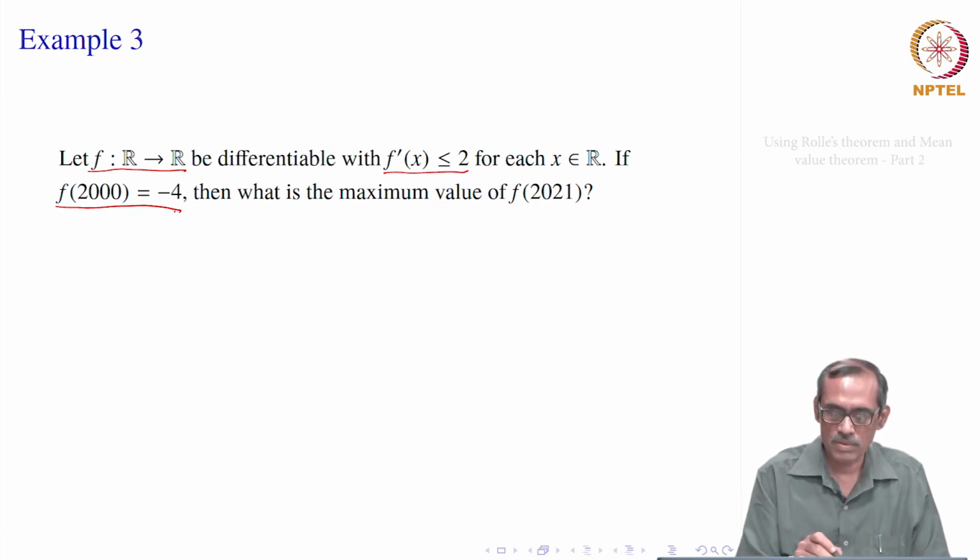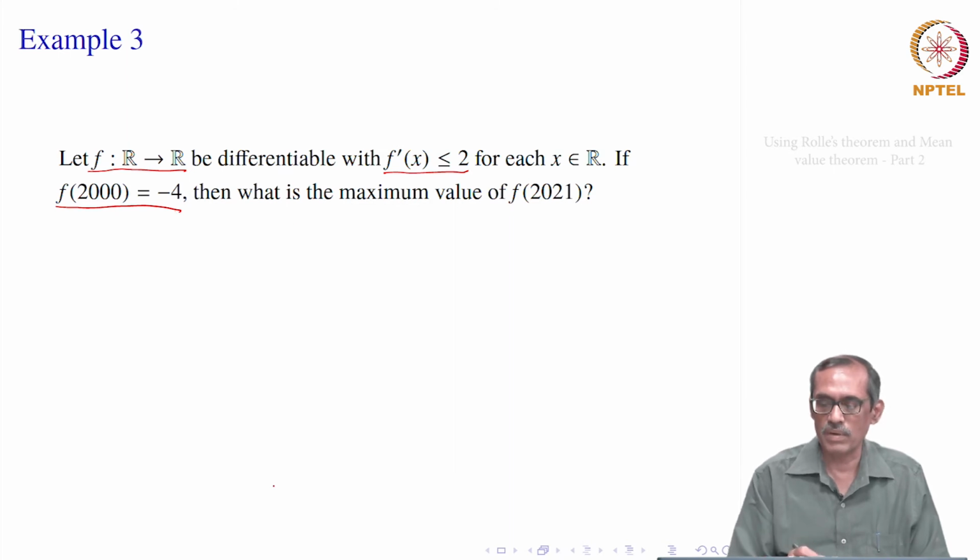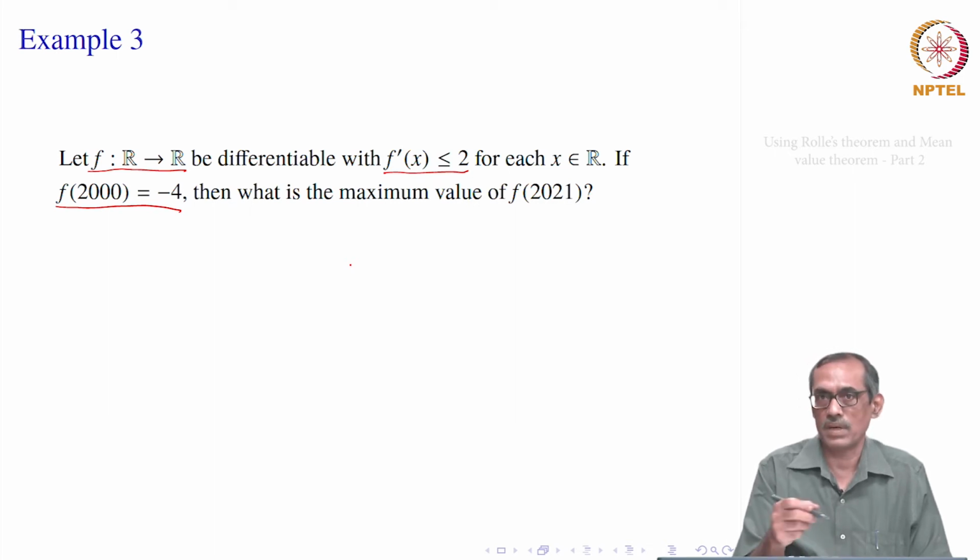So, you want to find out what would be the maximum value of f of 2021. Of course, it depends on the function, so we are really searching for a possible maximum value. What is the possible maximum value of f of 2021? We can never make it bigger by choosing our f.